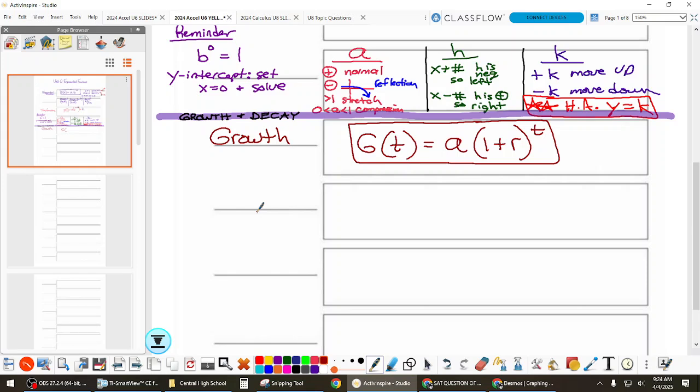Usually when I hear starting value, that means y-intercept. It is in this one too. Because look, A is the starting value, like 5,000 people. So if I plug t as 0, this whole thing is just 1. And so it's A.